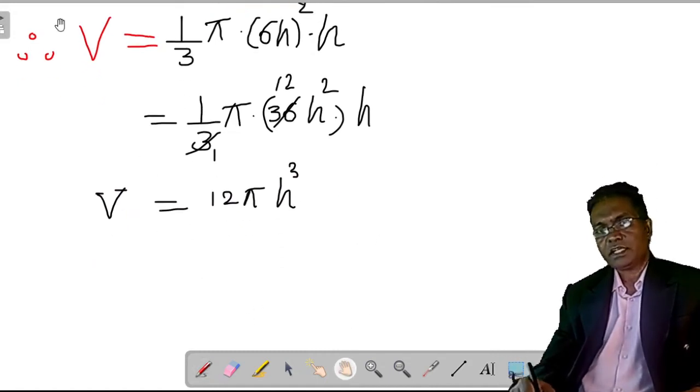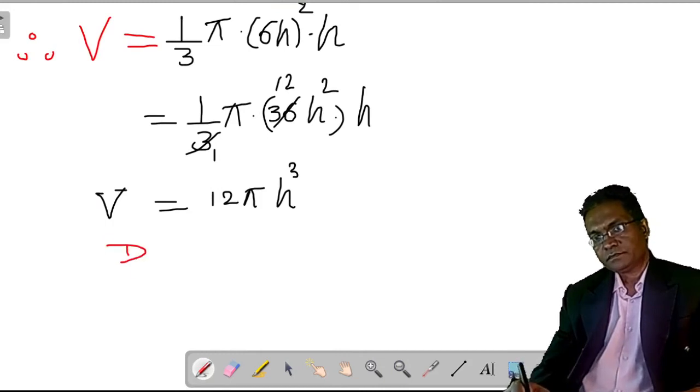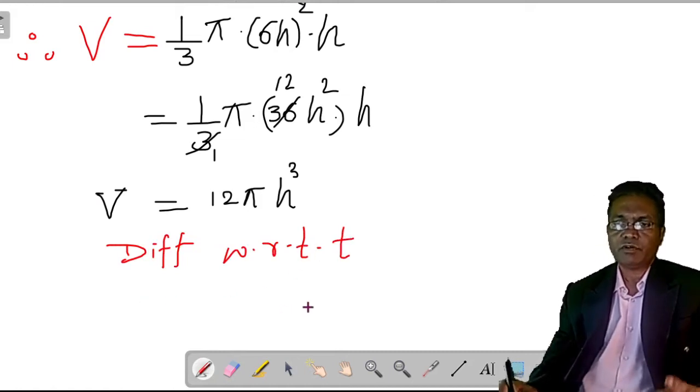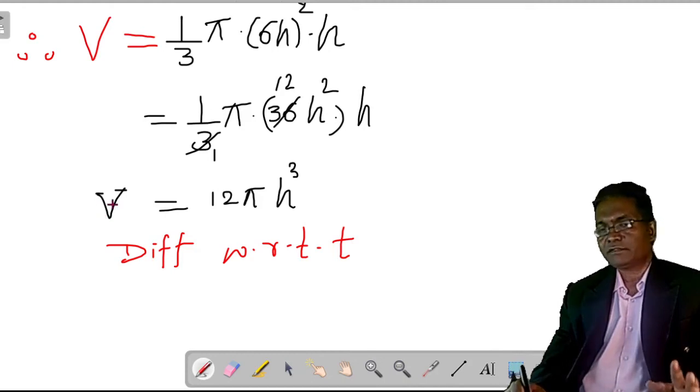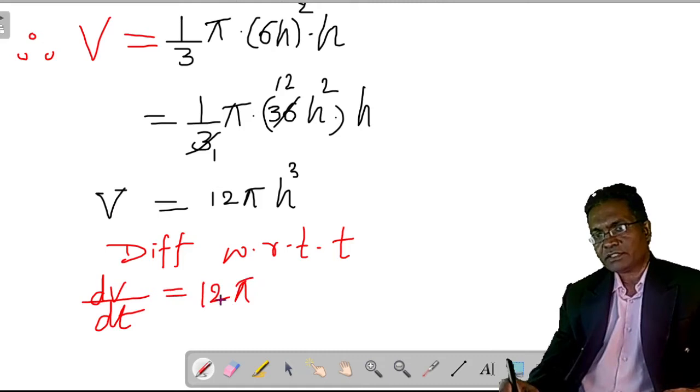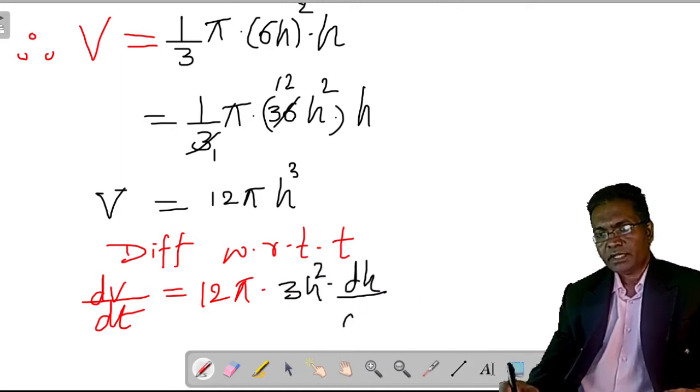So now differentiate with respect to t, because we want dh by dt and the rate of change of volume is given with respect to time. So dV by dt is equal to 12 pi constant, derivative of h cube with respect to t, that is 3h square into dh by dt.